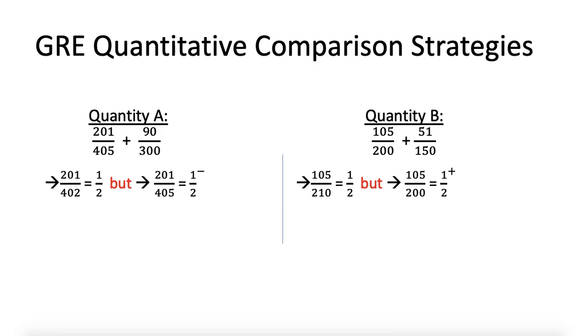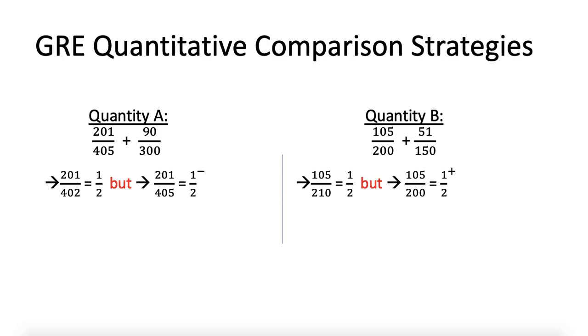But the denominator is a bit greater, that means my value will be a bit less than 1 half. And on the quantity B side, the first value is 105 over 200, but if I have 210 in the denominator, that means I have 1 half, but the denominator is a bit less than 210, that means the result is a bit greater than 1 half. So we have compared the first part of the two quantities.